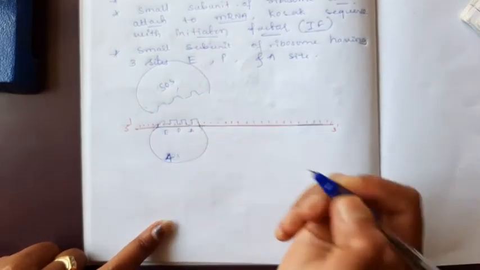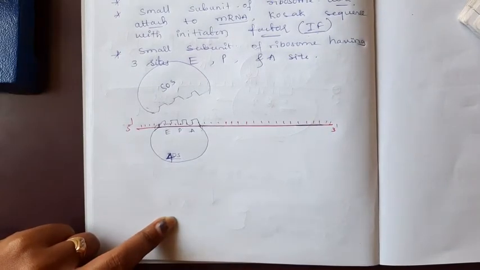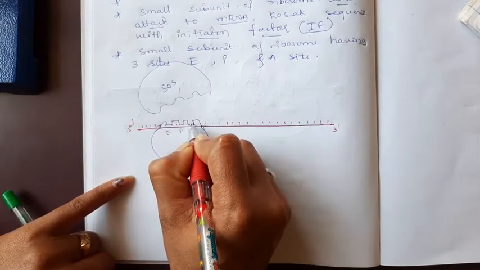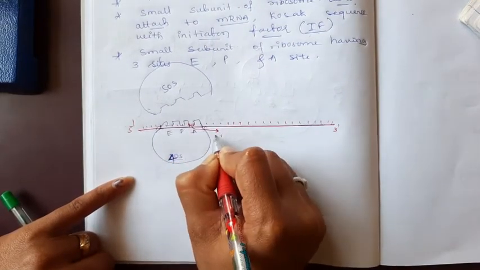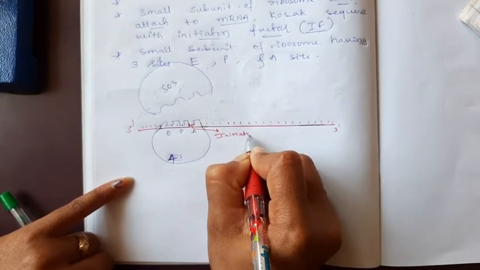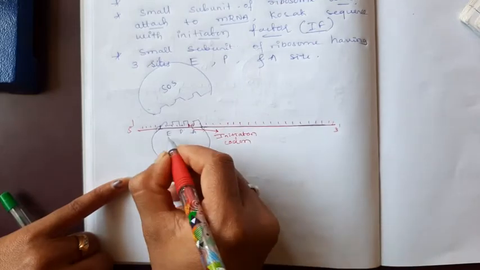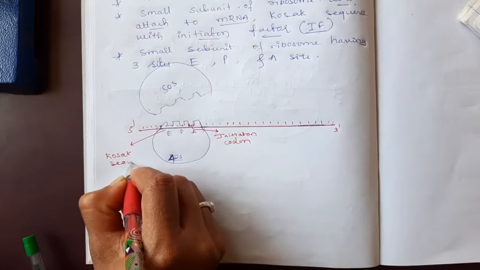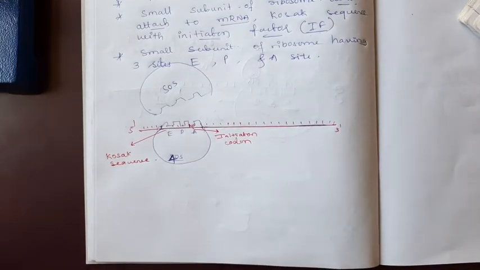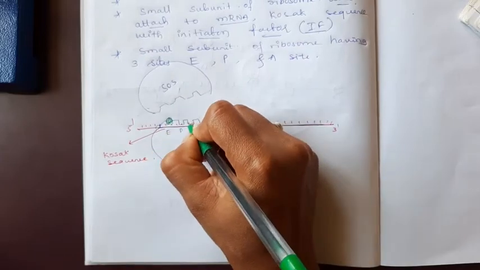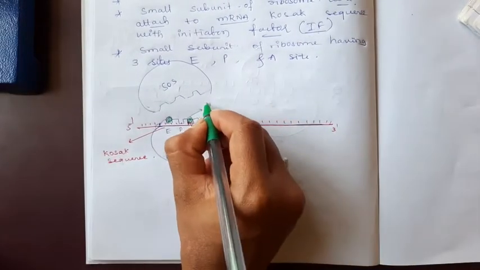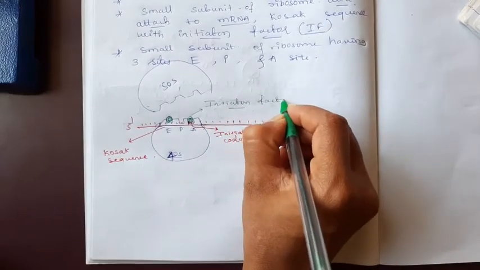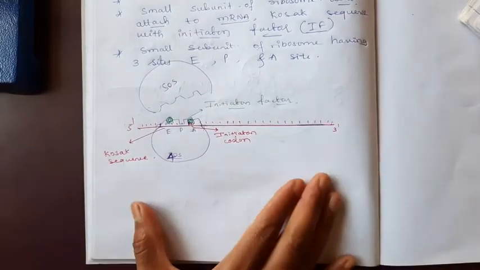We are discussing eukaryotes, that's why. Then here you can say the initiation codon is present, that is AUG, or I will say that is a Kozak sequence. Then here are some initiation factors. Okay, this is the condition in initiation.